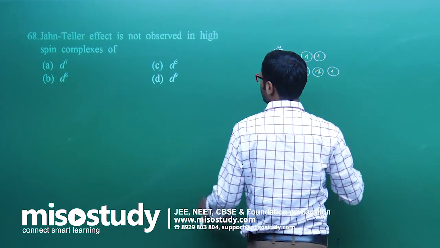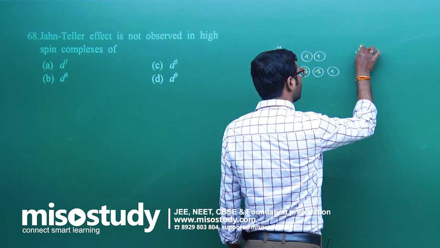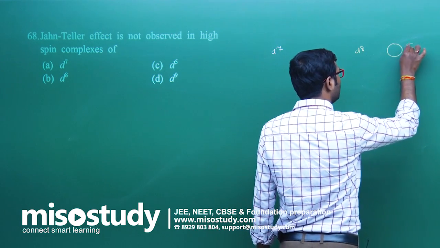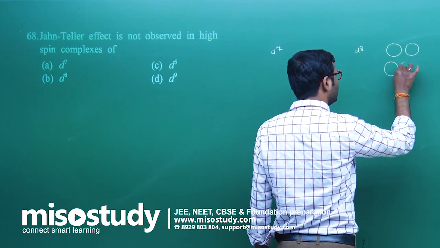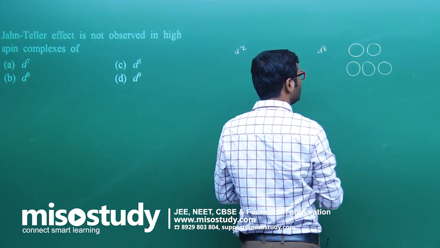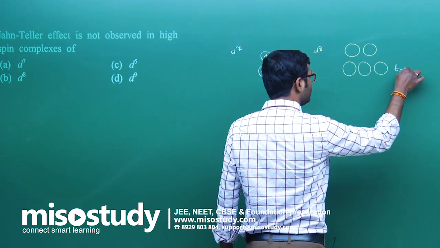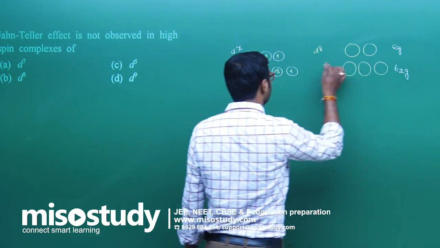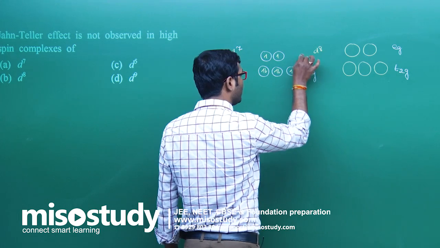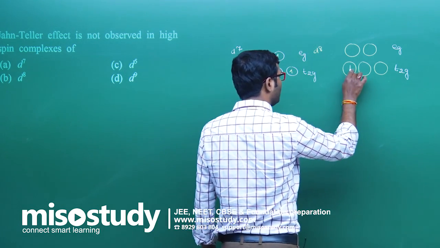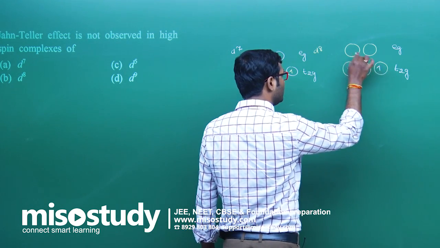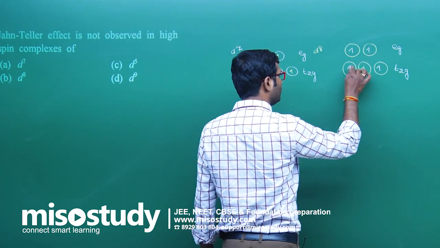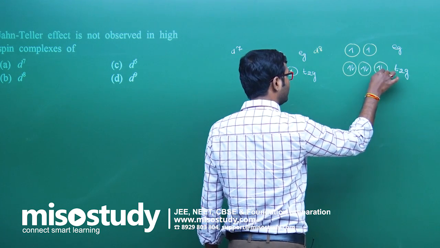Now if I write d8, how to write? 1, 2, 3, that is t2g and eg. How to fill? 1, 2, 3, 4, 5, 6, 7, 8.